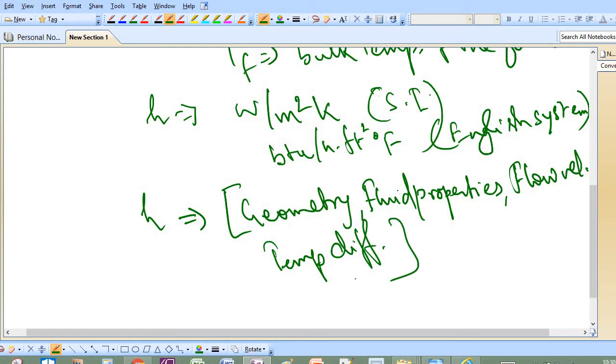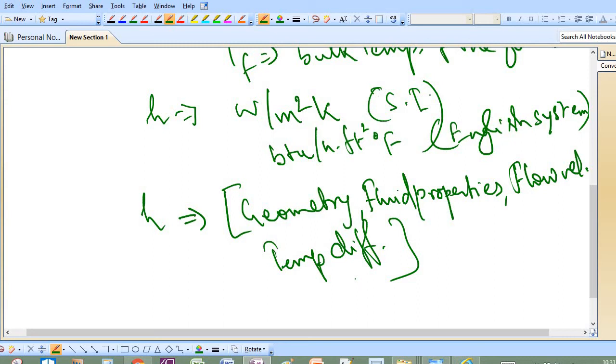These are all factors on which H depends, and the variation of any of these factors represents a variation in our H value. When a fluid flows past a surface, there is a thin or almost stationary film of fluid adjacent to the wall which presents most of the resistance to heat transfer, so we often call the coefficient H a film coefficient in those cases.